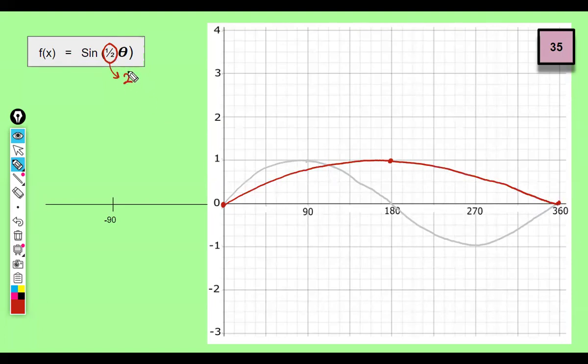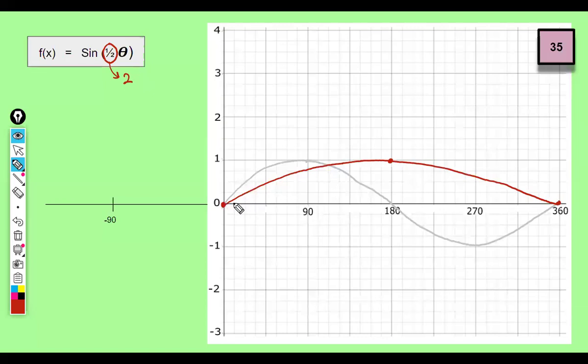You see, when it's a half, the graph is supposed to get twice as large horizontally. Now look at the original graph. The original graph has 1 up and 1 down, and for that to fit, it took a full 360. For 1 up and 1 down, it needed 360 degrees to accomplish that.